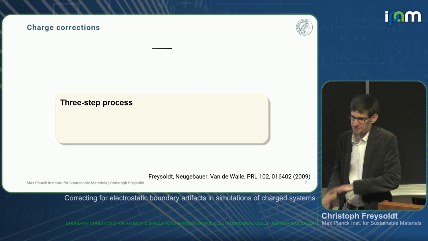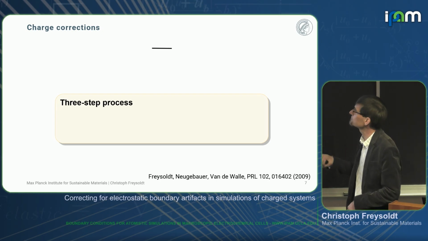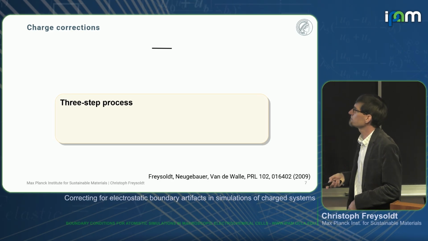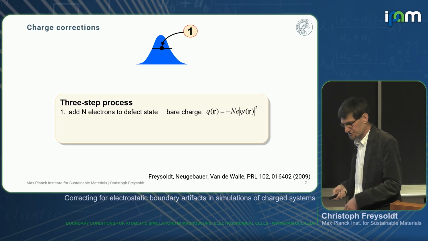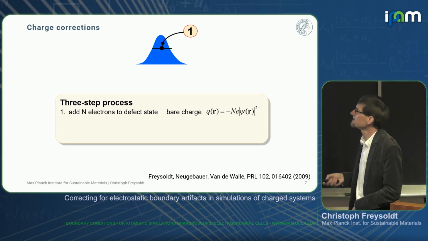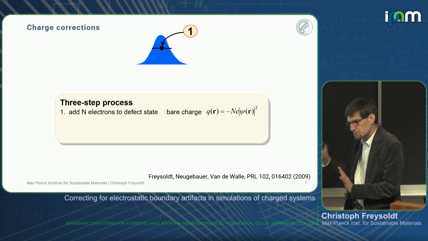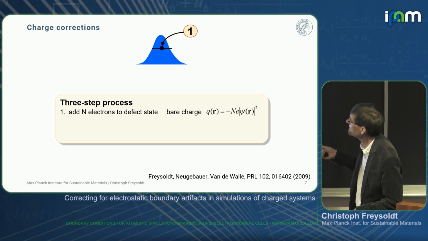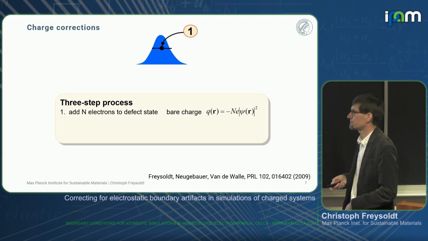Assume that we have some kind of defect system with a defect level that is currently empty. So we might add an electron, or if there was an electron before, we remove it. In the first step, we just put extra charge onto this one level without allowing for any relaxation. And this provides us a bare charge density that will be important for understanding the rest.